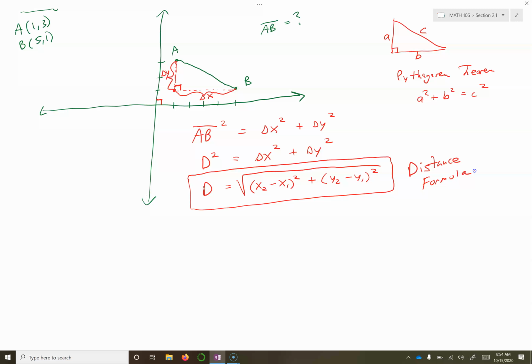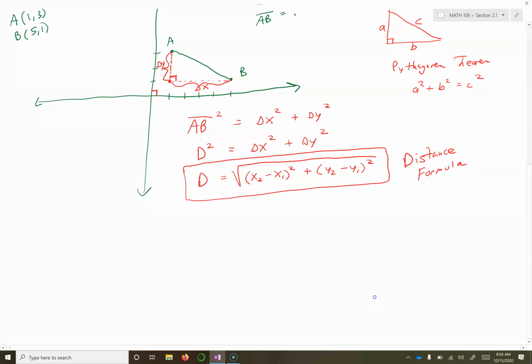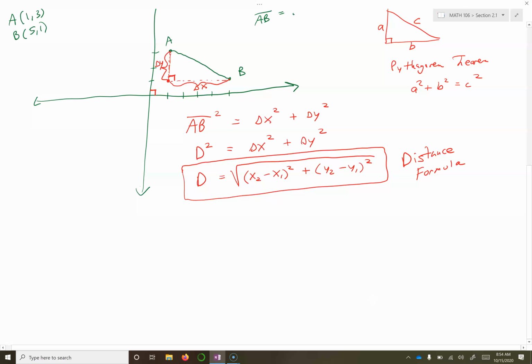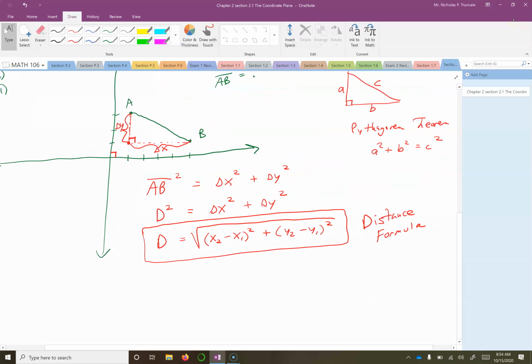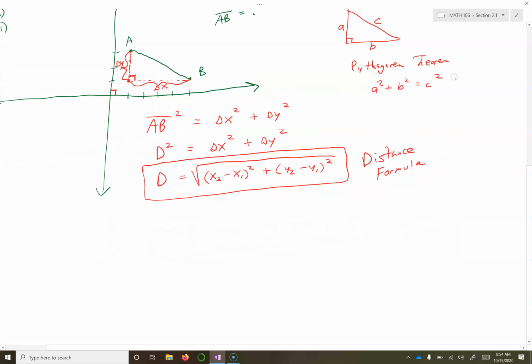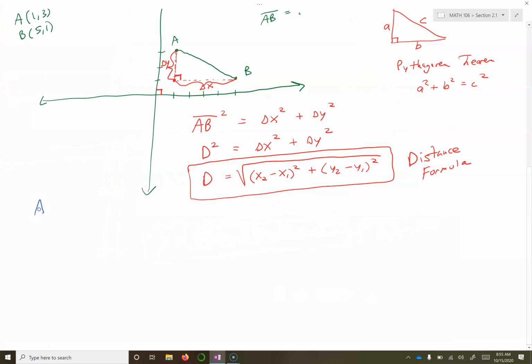Okay. All right, so let's go ahead and do it. Now, as you practice these, you'll be able to throw this in here pretty easy. But what I'm going to do down here, I'm going to throw a different color in. So here's A, right? A we said was 1, 3. So let's call that x1 and y1.